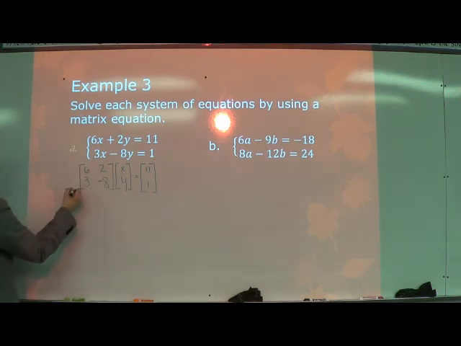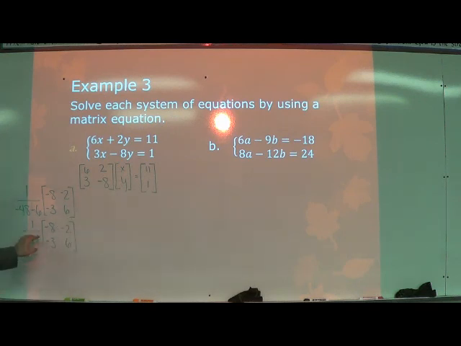Remember, we multiply by 1 over the determinant. So negative 48 minus 6. Then we switch the negative 8 and the 6, and we make these two negatives. So we have 1 over negative 54 times negative 8, negative 2, negative 3, and 6.